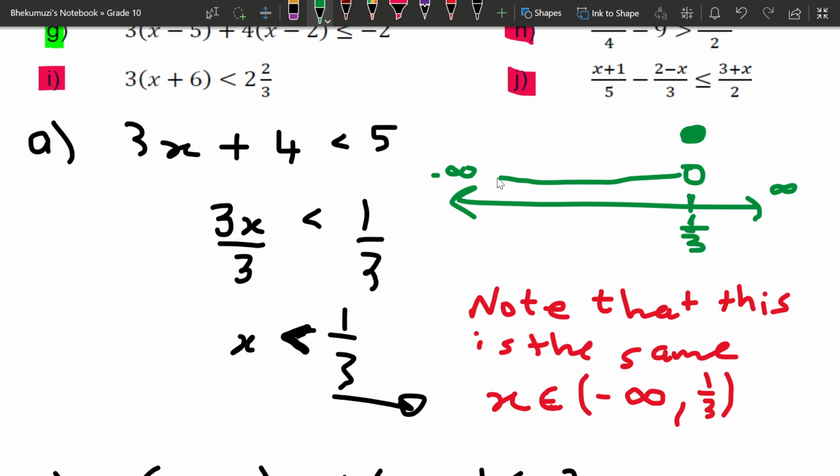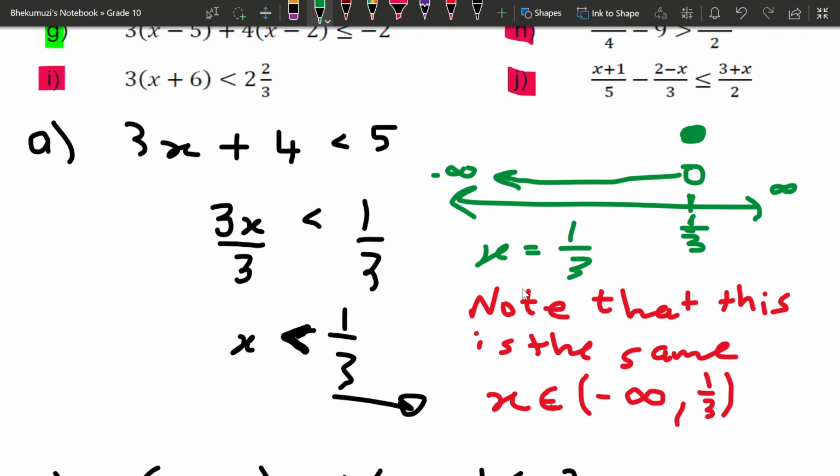Unlike when you say x is equal to 1 over 3, which means x can only be equal to 1 over 3. Here I can be any number that is less than 1 over 3. It tells you that all the values less than it are correct for this inequality, in such a sense that if you chose negative 10, it still satisfies this inequality and it would be correct.